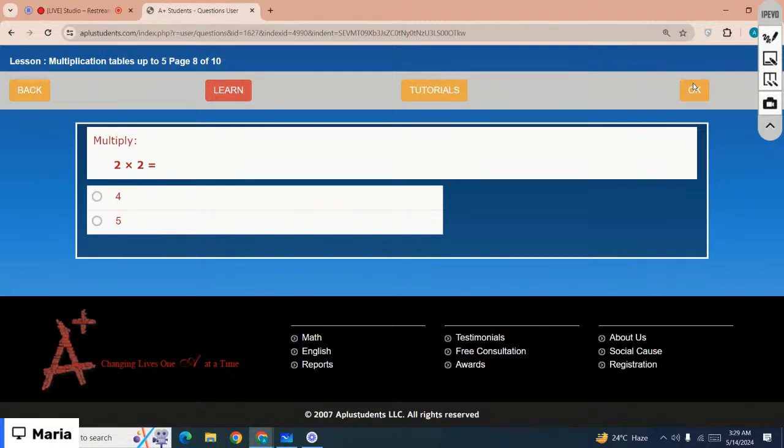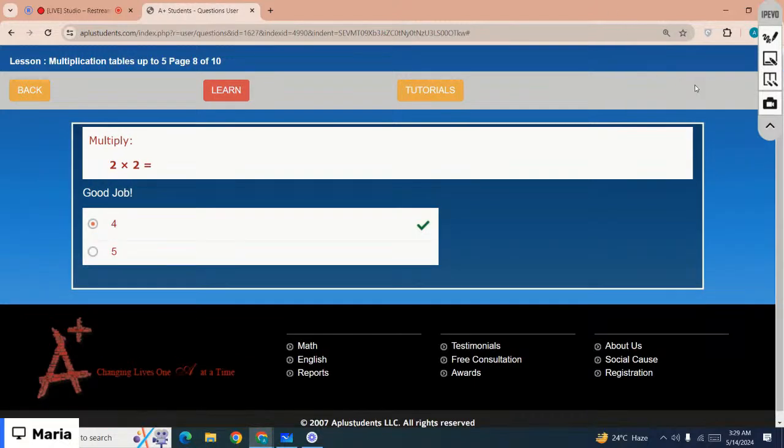The next one is 2 times 2, which is the correct option. The correct option is 2 times 2 is 4. The correct option is 4.